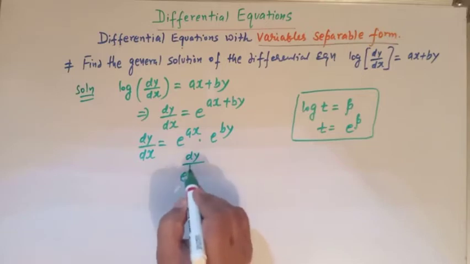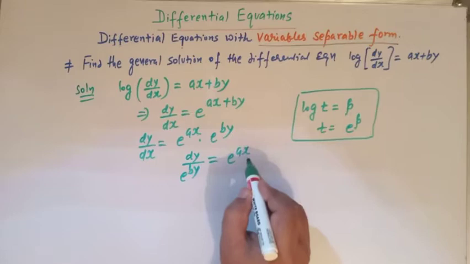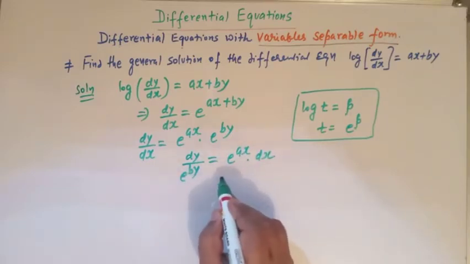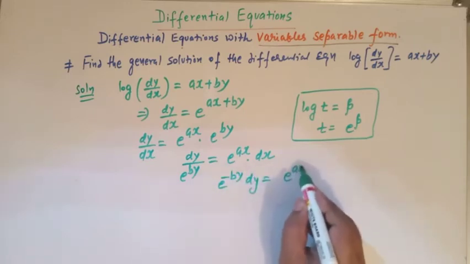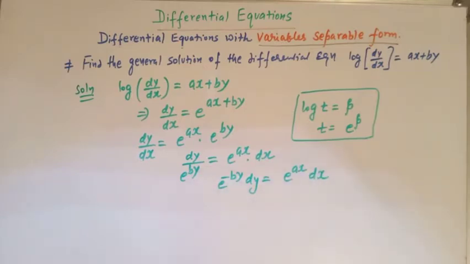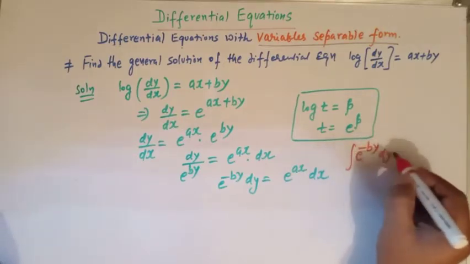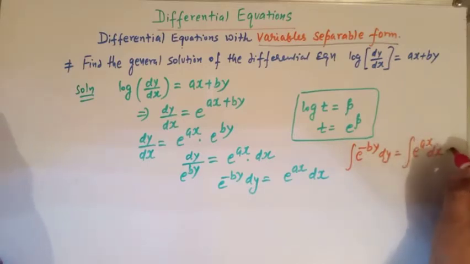So we have e raised to minus by dy is equal to e raised to ax dx. Clear? Now if we integrate both the sides, we have the integral of e raised to minus by dy is equal to the integral of e raised to ax dx plus some constant c1. Clear?